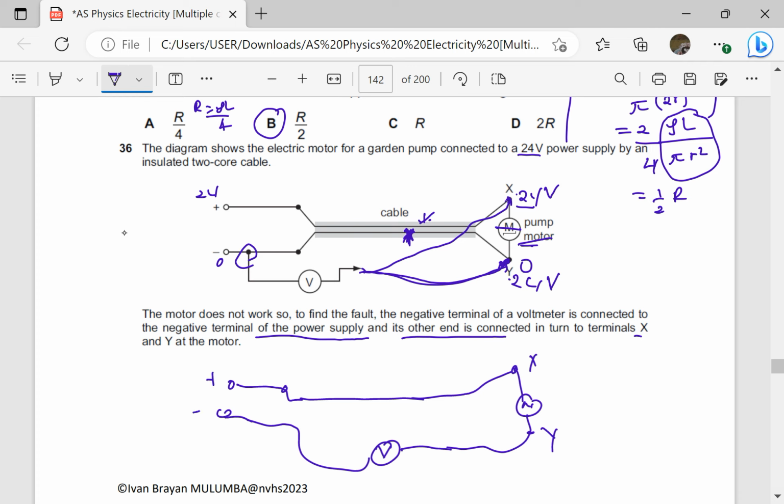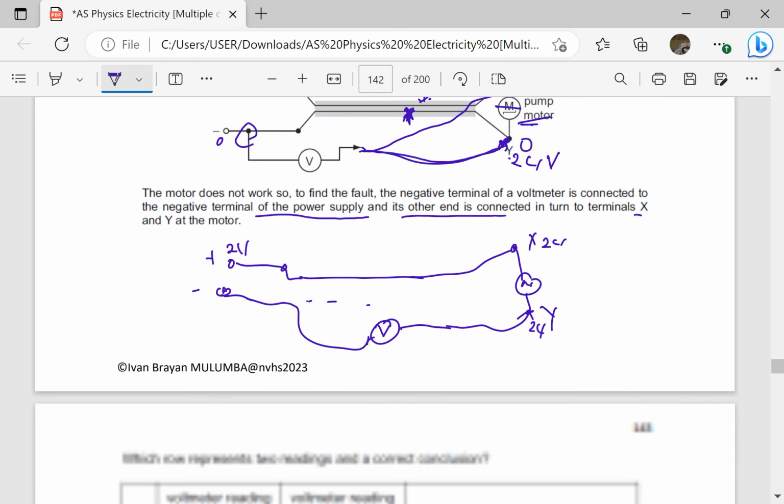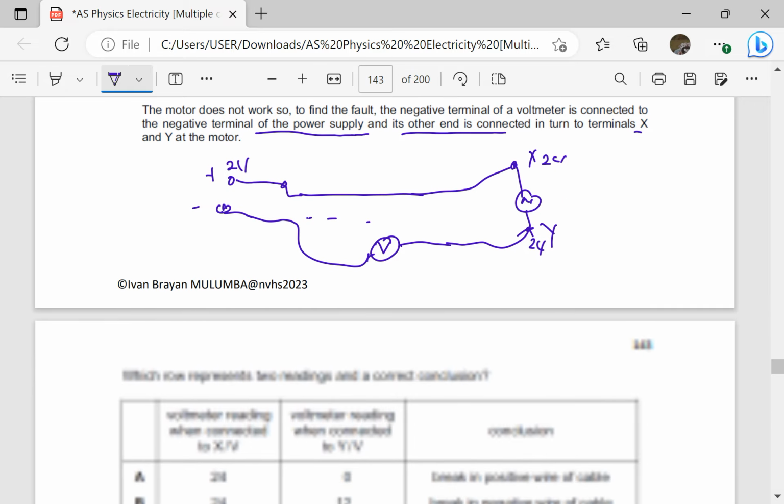If we bring the voltmeter to Y, remember the negative part of the wire has been broken, so it is equivalent to not putting it there. So the potential here is 24, and this will of course be 0. So our answer is going to be precisely D.